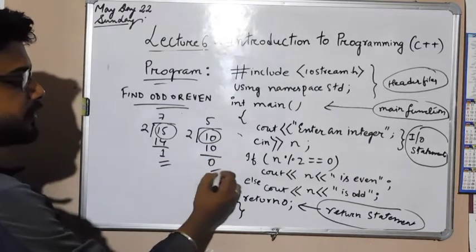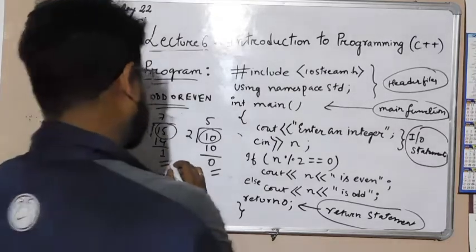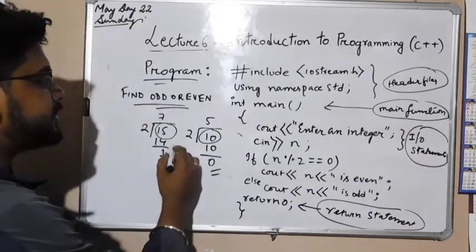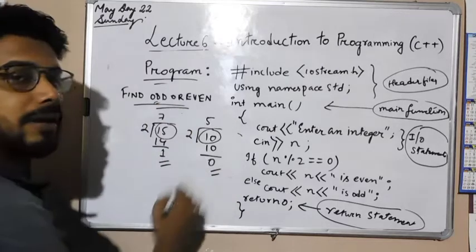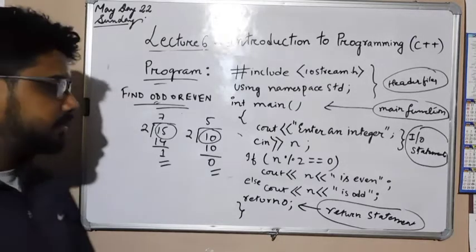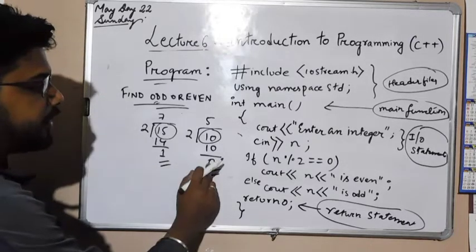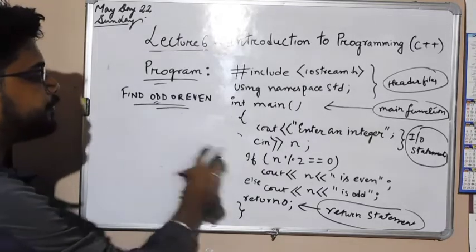The difference is that whenever we get a remainder 1, the number is odd, and whenever we get a remainder 0, the number is even. I hope this is clear, very simple basic mathematics. So depending on the remainder, we can know whether a number is odd or even.